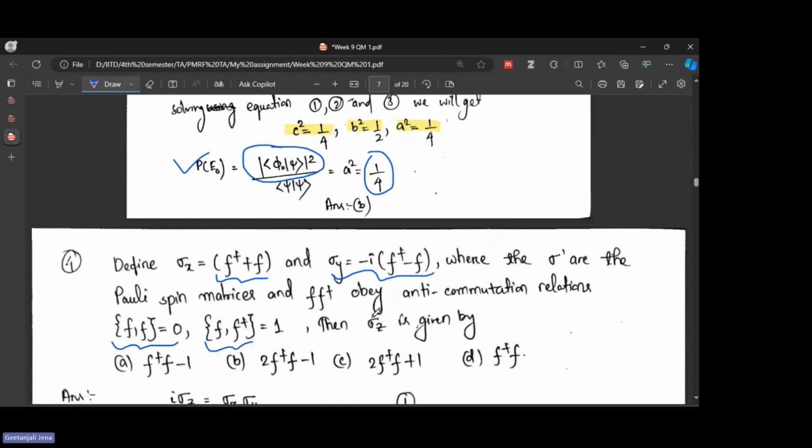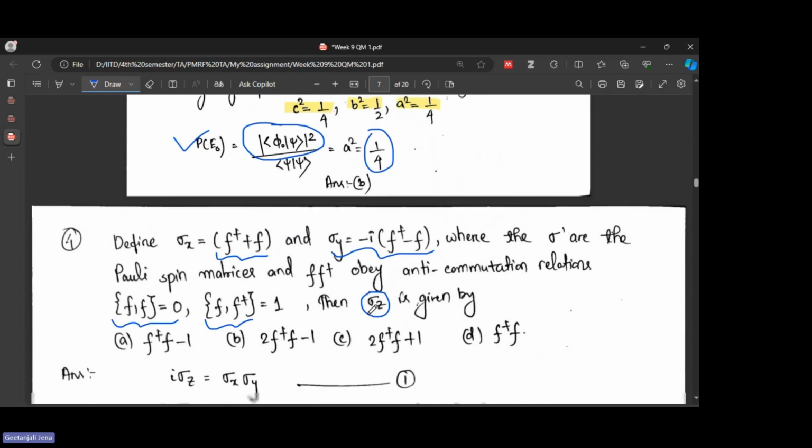Then it is asking what will be the representation of sigma z in terms of f and f dagger. So sigma x is given to you and sigma y is also given to you. Now they are asking what is the value of sigma z.